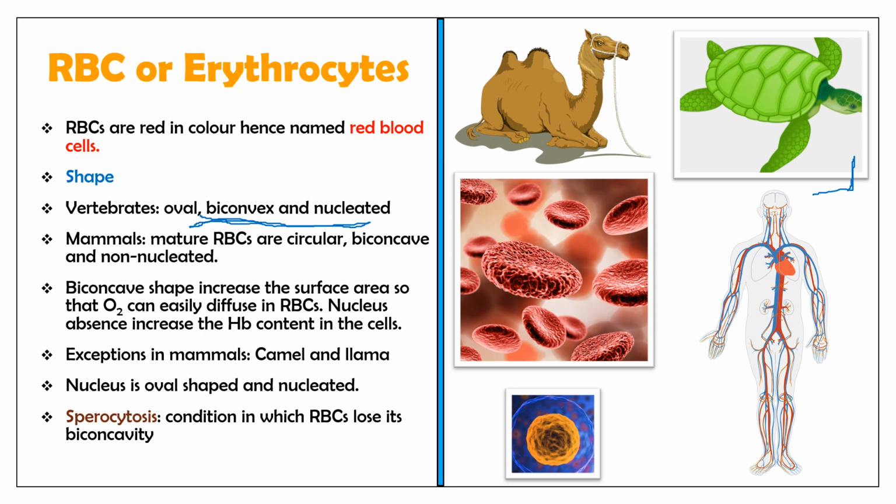Only in mammals is the nucleus absent. In the earlier or young forms of these RBCs the nucleus is present, but at the matured stage the nucleus is not present. In mammals, RBCs are circular and biconcave, as we can see over here. And what is the advantage of this shape?